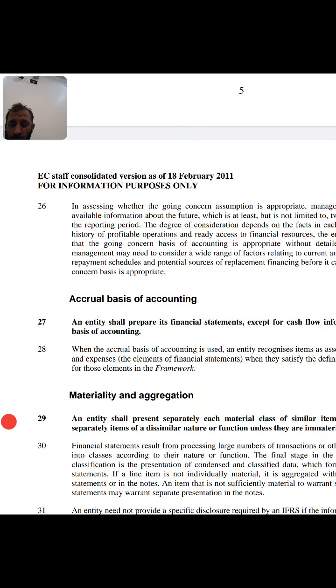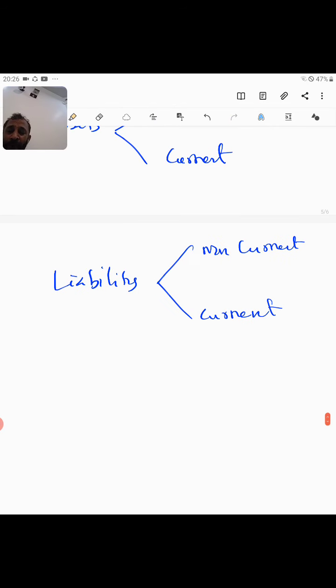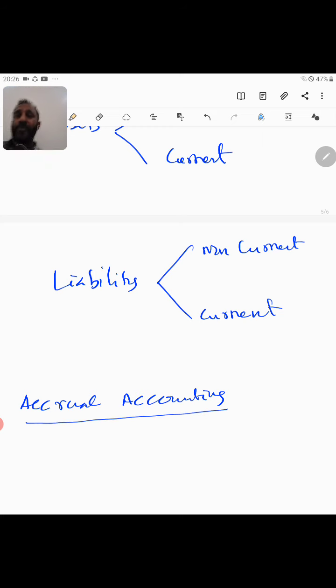Then another important basis of IAS 1 is that we follow accrual accounting. That means transactions are recorded as follows: income is recognized when we earn it, not when we receive it, and expenses are recorded only when incurred, not when paid.